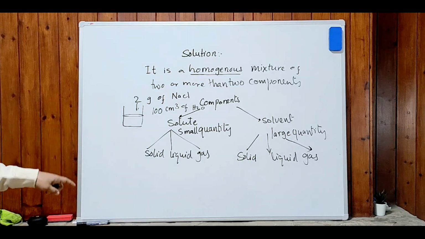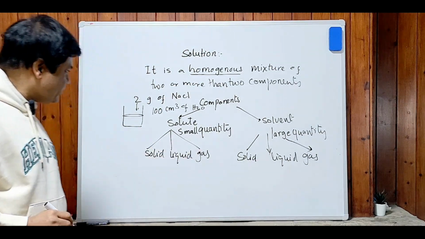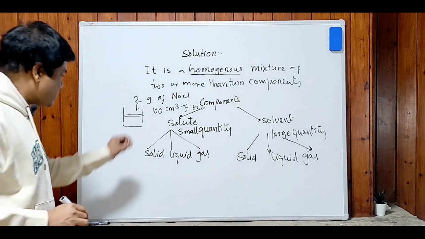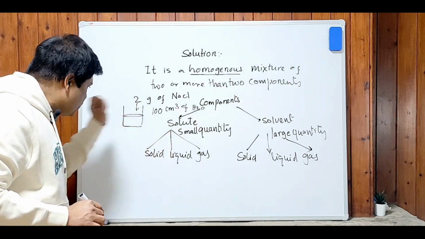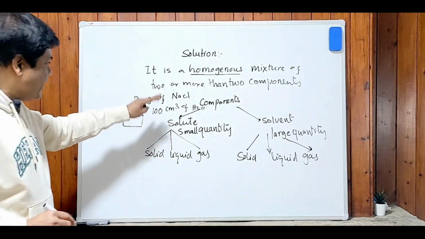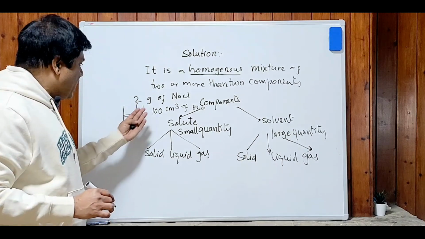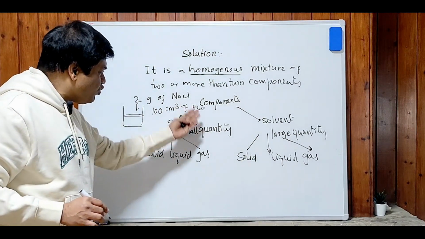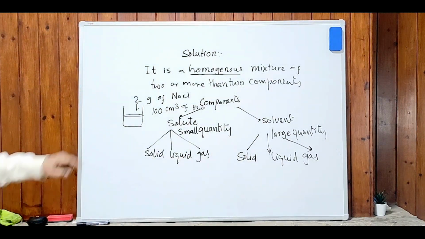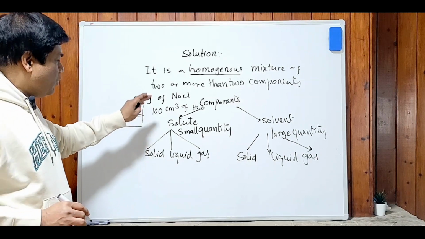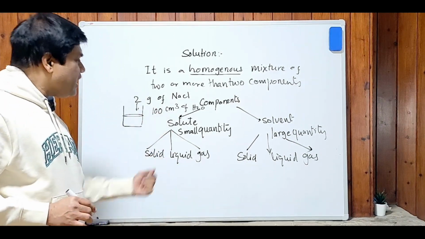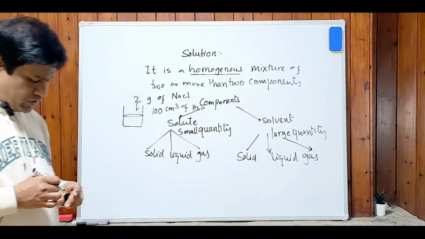Can you tell me which one is a solute, which one is a solvent? As I discussed, the small quantity would be the solute. So 2 grams of NaCl is my solute and 100 cm³ of water is my solvent. So solute would be in a small quantity and solvent would be in a large quantity.